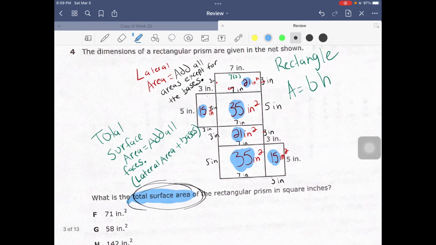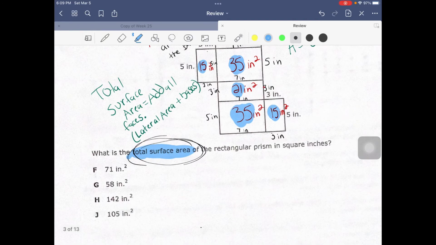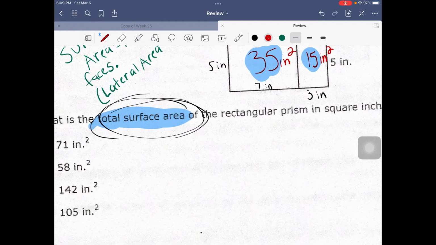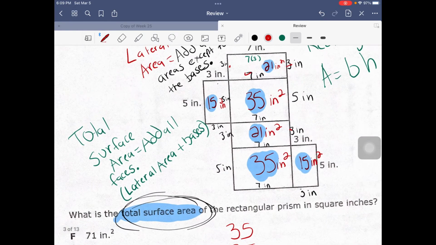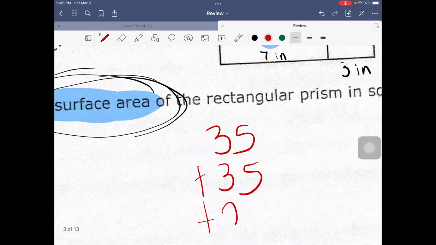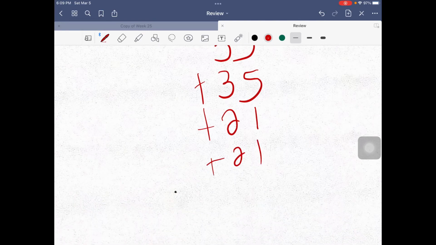Let's go ahead and check. If we add them, 35 plus 35 plus 21 plus 21 plus 15 plus 15.